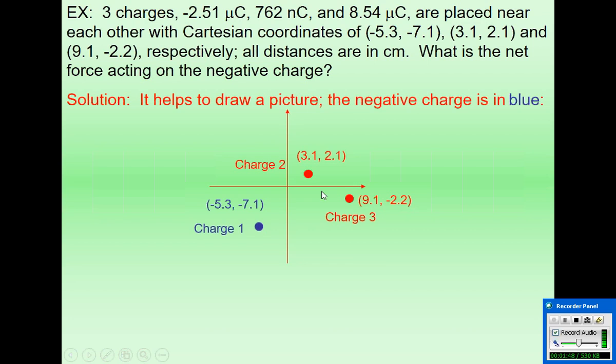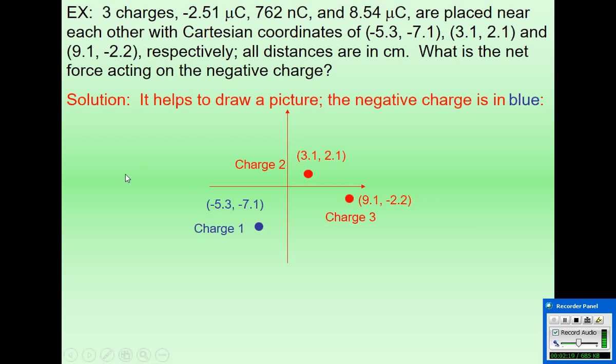So, for instance, the third charge has an x component of 9.1 and a y component of negative 2.2, and so, yes, that's going to be in quadrant 4. But notice that the magnitude of the x component is more than 4 times greater than the magnitude of the y component. And what that consequently means is that the charge is decidedly closer to the x-axis than it is to the y-axis. So try and keep all of these in mind.